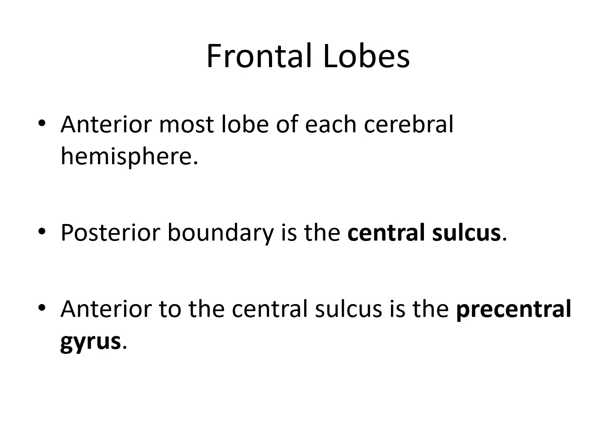Let's talk a little bit more about the frontal lobes. These are the anterior-most lobe of each cerebral hemisphere, and its posterior boundary is called the central sulcus. The gyrus that's anterior to the central sulcus and still part of the frontal lobe is called the precentral gyrus.